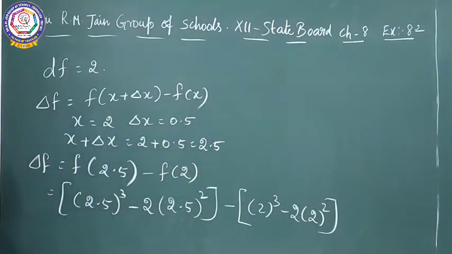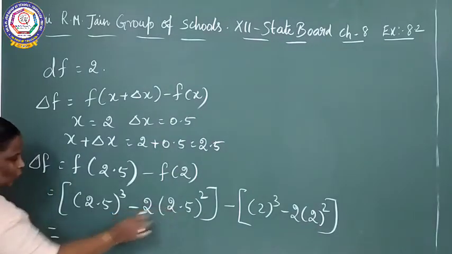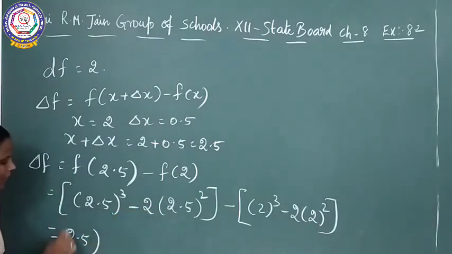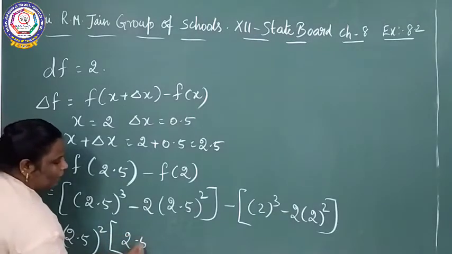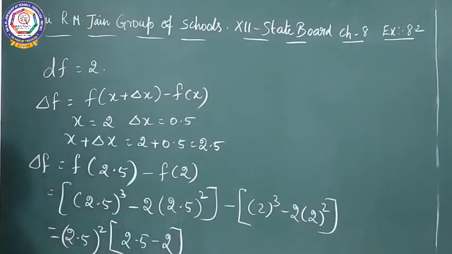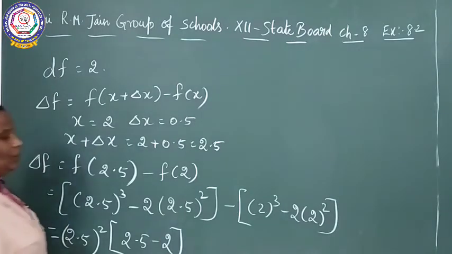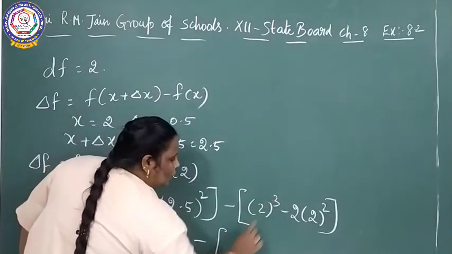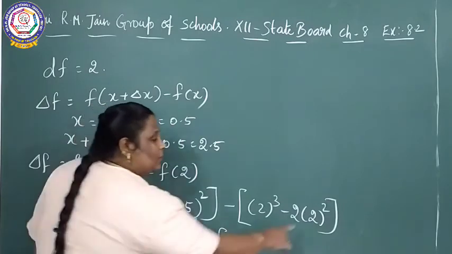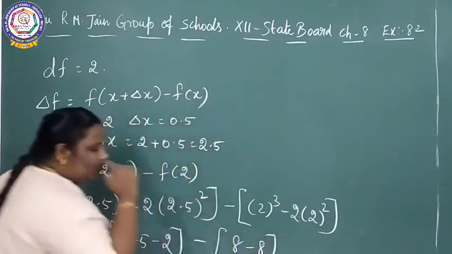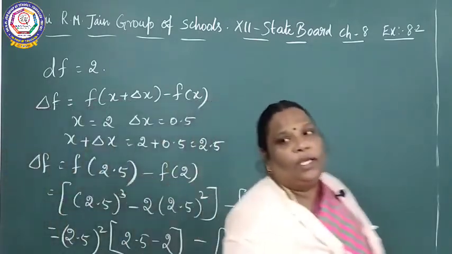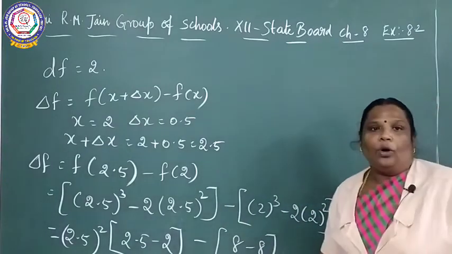Here 2.5 square is common, you can take it out. The remaining thing is 2.5 minus 2. 2 cube is 8, and 2 times 4 is also 8. 8 minus 8 is 0.